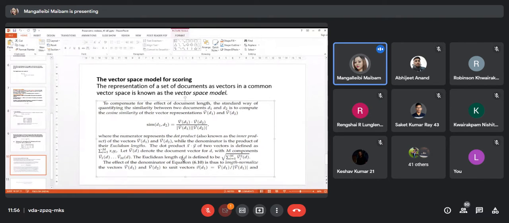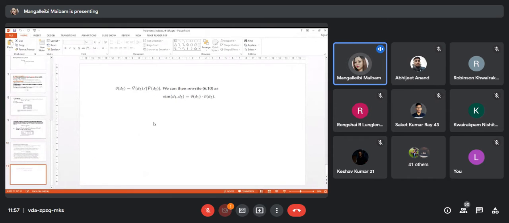The Euclidean length of D is defined to be the square root of the summation, i goes from 1 to m, of the squares of the vector representation of the document. So the whole formula is given here. This calculation is important. Sometimes this may come for your subjective question, so you can just go through this example.